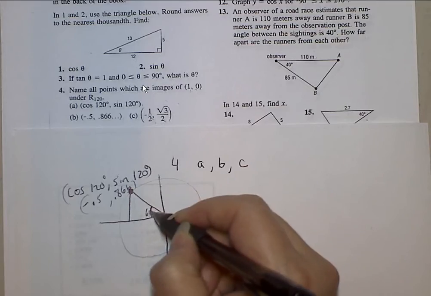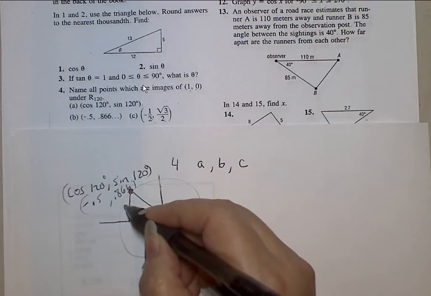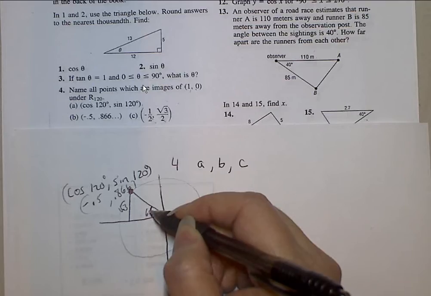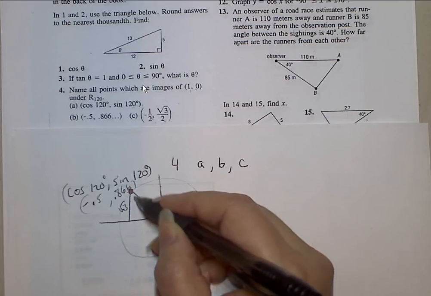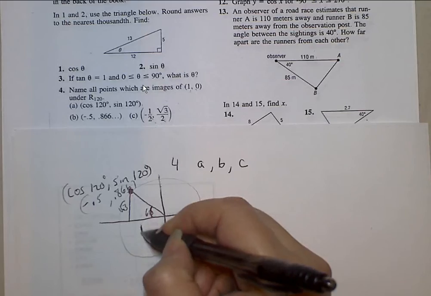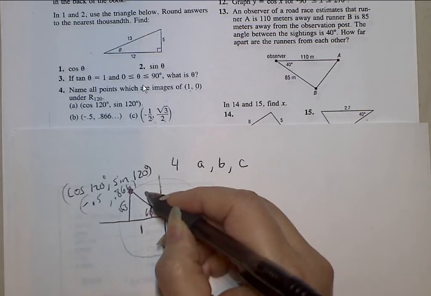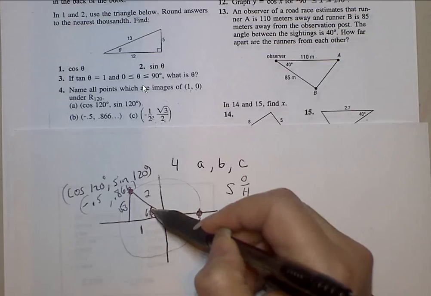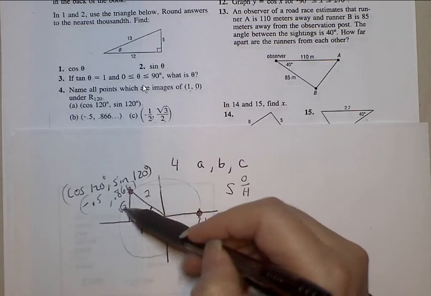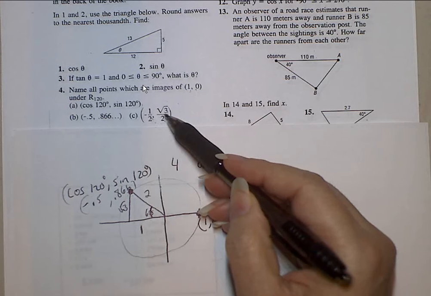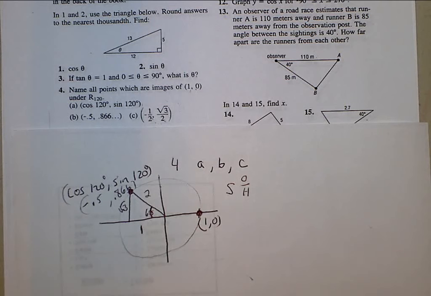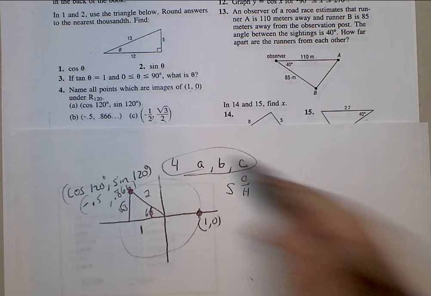Across from the 60 is the square root of 3, across from the 30 is 1, and the hypotenuse is 2. Sine is opposite over hypotenuse, so sine of 60 is the square root of 3 over 2. That's the other way they got the square root of 3 over 2. So all of those answers are the answer.